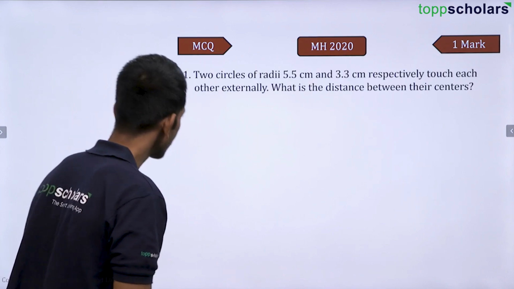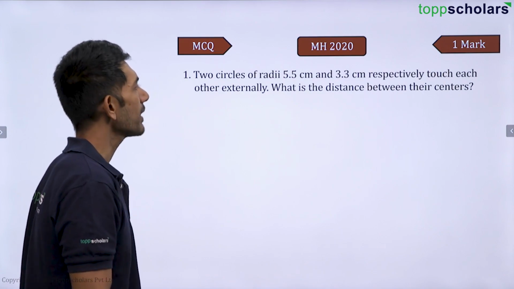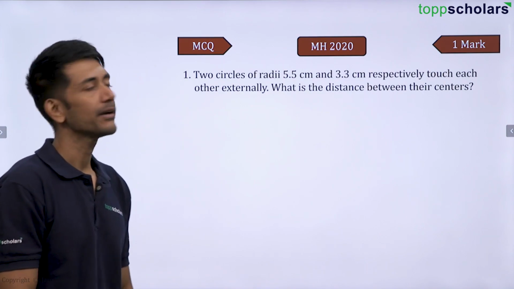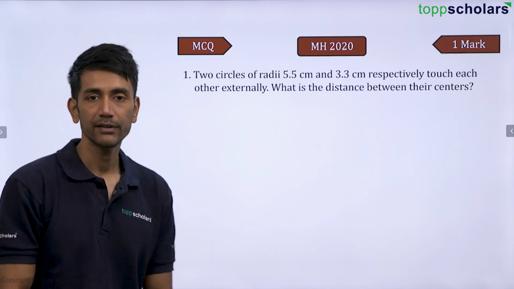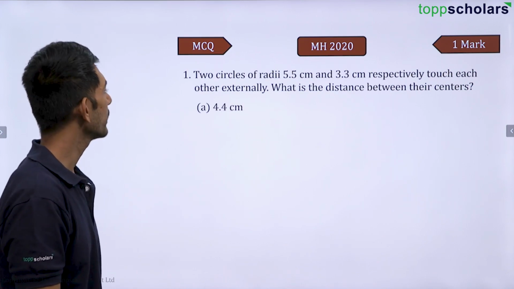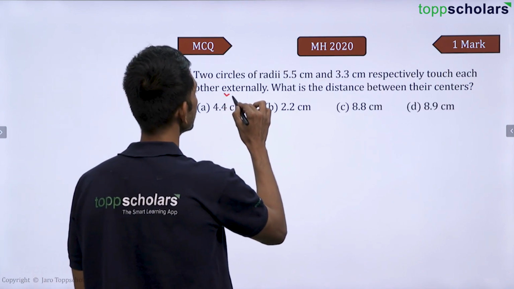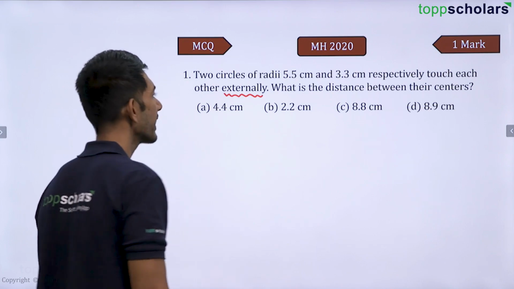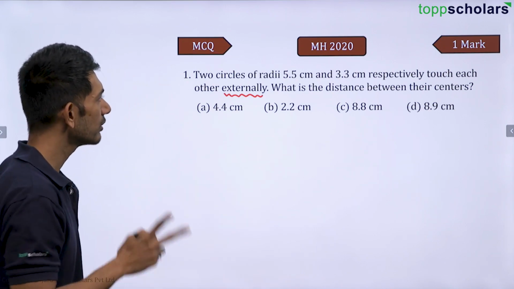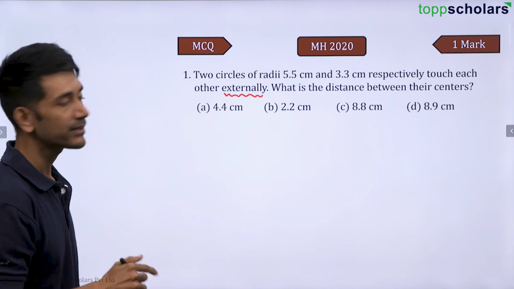So here is the first question. The question says, 2 circles of radii 5.5 centimeter and 3.3 centimeter respectively touch each other externally. What is the distance between their centers? Externally means outside, right? So there are 2 circles of radii 5.5 centimeter and 3.3 centimeter.